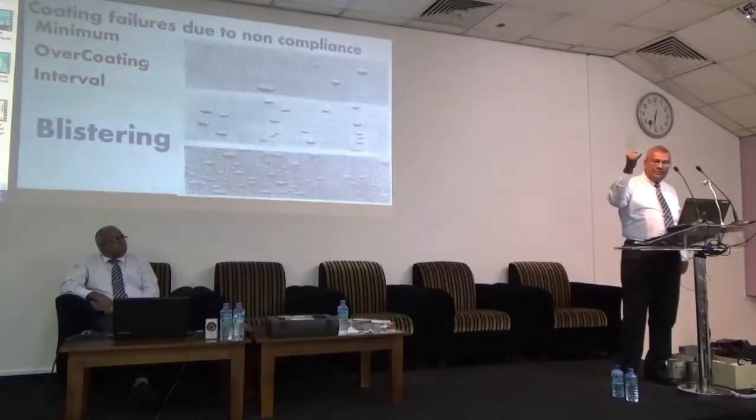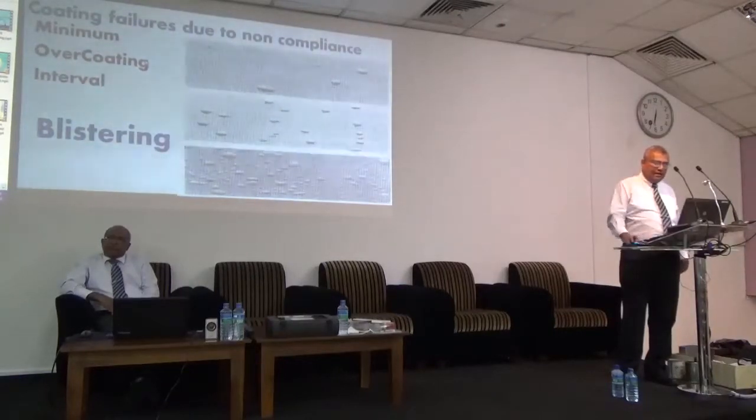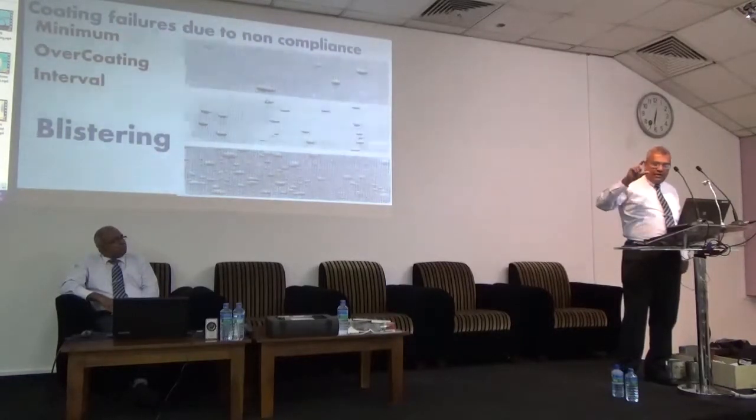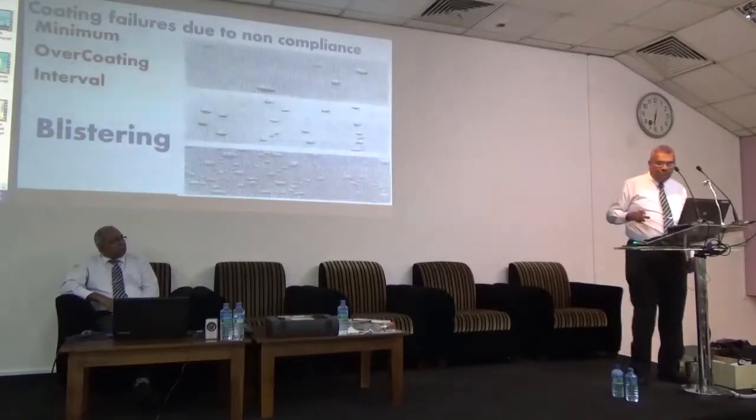One is spot rusting, second is cracking of the paint, third is blistering of the paint, fourth is detachment of the paint. So there are 4 failures. This is industry standard. Now the second one is blistering. One reason for blistering is non-adherence to the minimum interval, and one failure for interval detachment is lapsing the maximum interval.